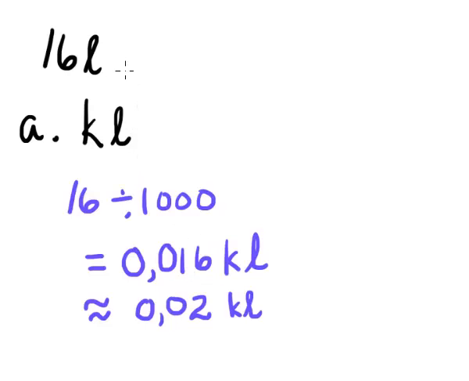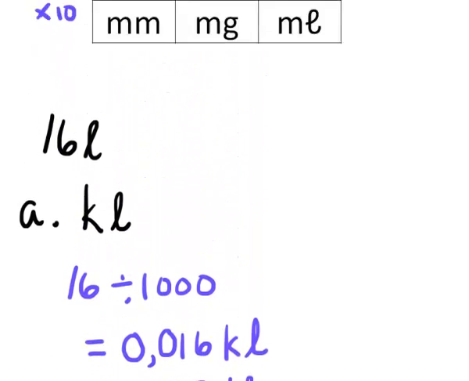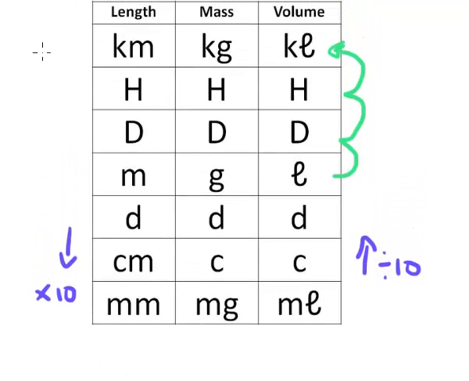Now let's take our same 16 liters and let's convert it into milliliters. So let's have a look. We've got to go from liters to milliliters. From liters to milli. So we're going to go 1, 2, 3.